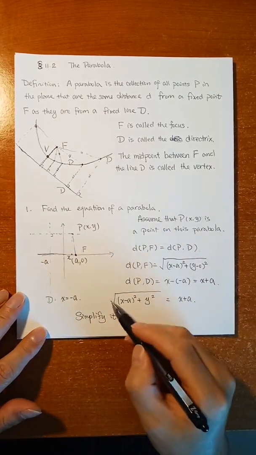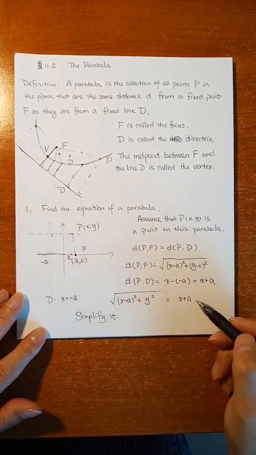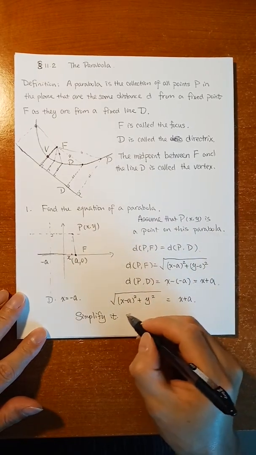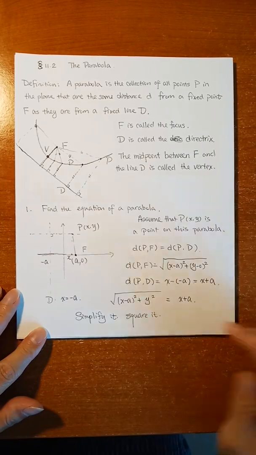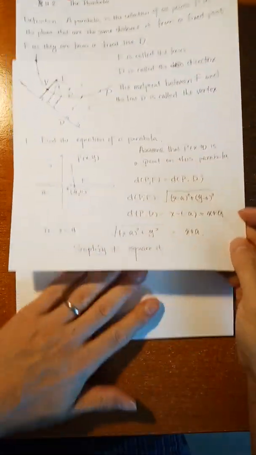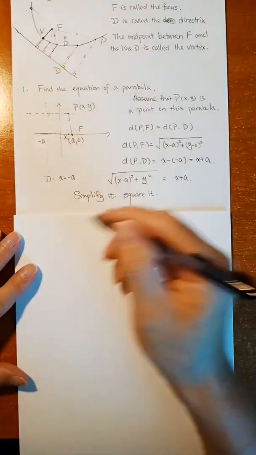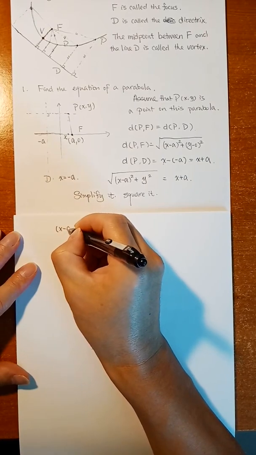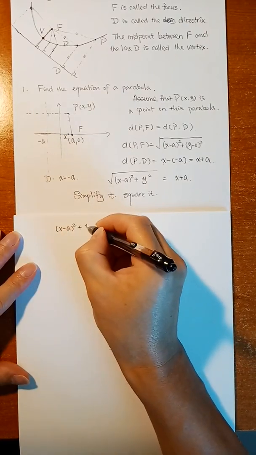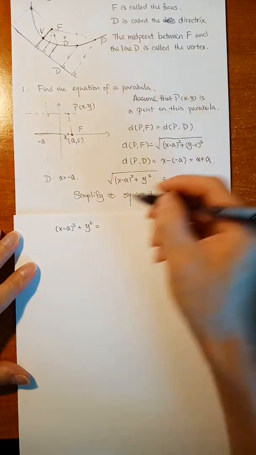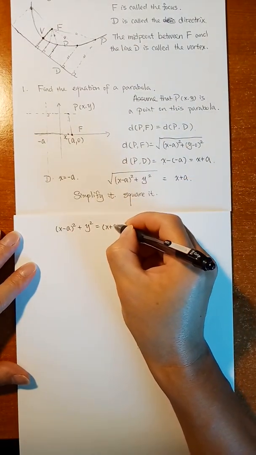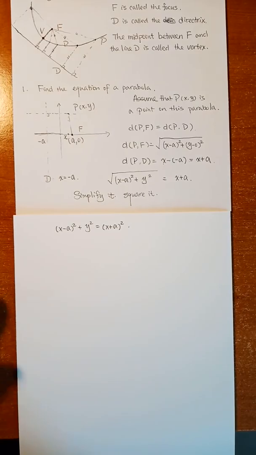How do we simplify it? Here you have a square root. Here there's nothing. So we're going to square two sides. If we square it, basically we cancel this square root. The left hand side becomes x minus a squared plus y squared. Right hand side, there's nothing, so you just square it: x plus a squared.